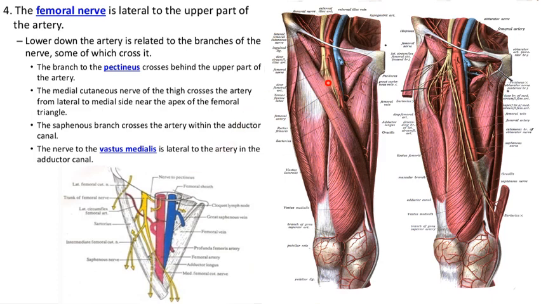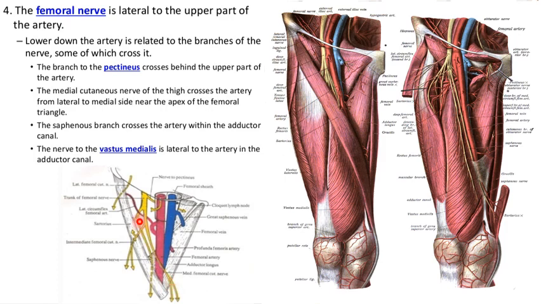From the anterior division, there is this nerve which is called the medial femoral cutaneous nerve. This medial femoral cutaneous nerve is initially lateral to the femoral artery. Then at the apex of the femoral triangle, it crosses the femoral artery from lateral to the medial side.